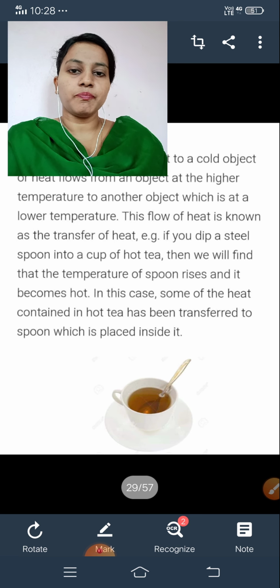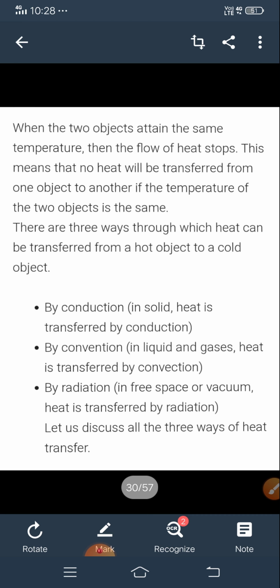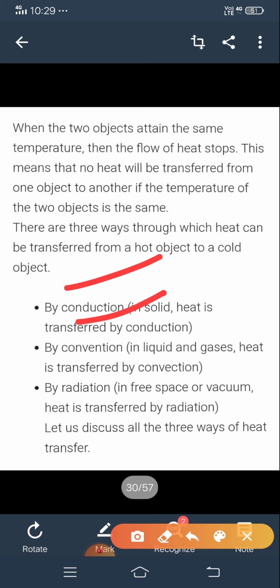Is it clear? Okay, let us move to the next one. When two objects attain the same temperature, the flow of heat stops.